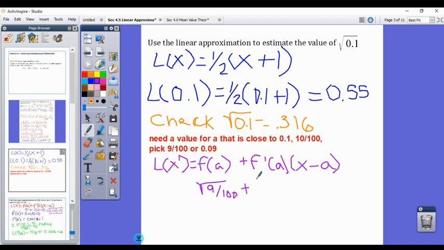And then the derivative of that is going to be 1 over 2, and then you end up with a negative, and we're going to drop that negative down. And that is multiplied by 1/10 minus 9 over 100.